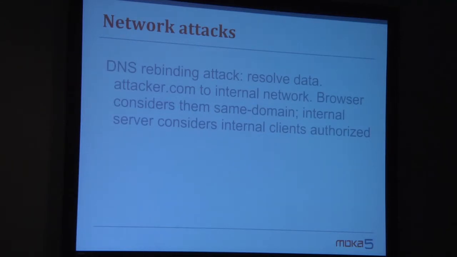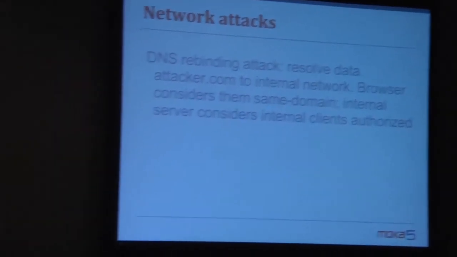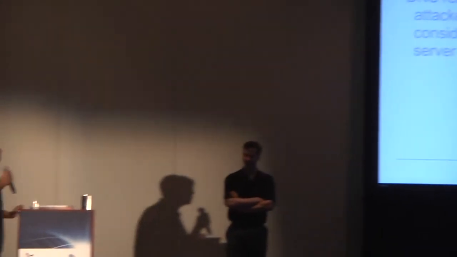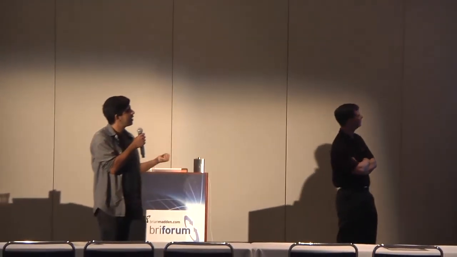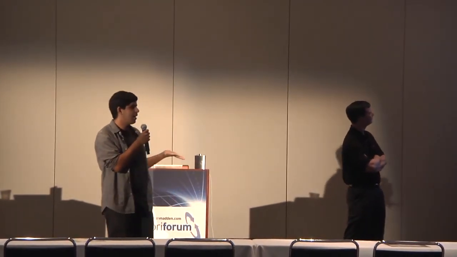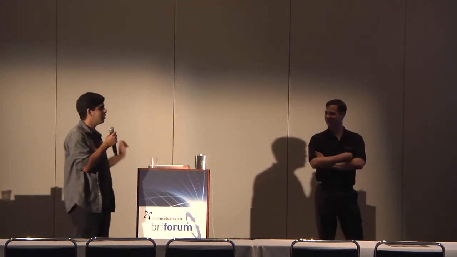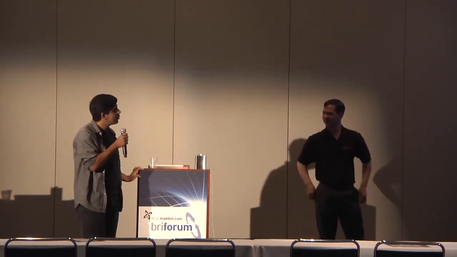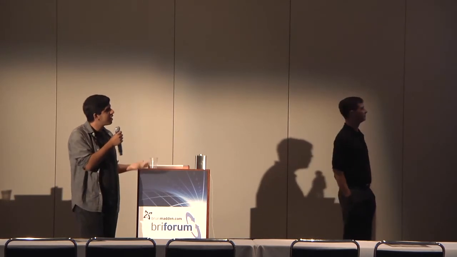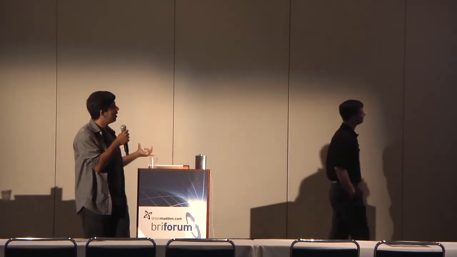Well-written websites should have defenses, but you have JavaScript running on attacker.com, and it does an XML HTTP request to data.attacker.com. And data.attacker.com, they have now repointed that DNS address from something they control to, I don't know, your internal version control server, 10.0.something. And they do an XML HTTP request. It's the same domain as far as the browser knows.